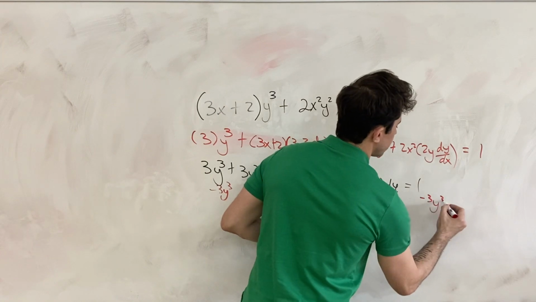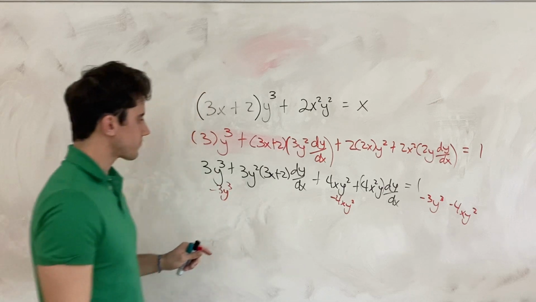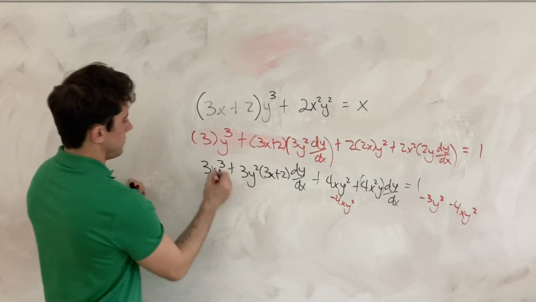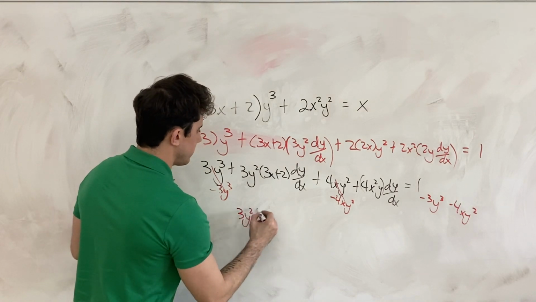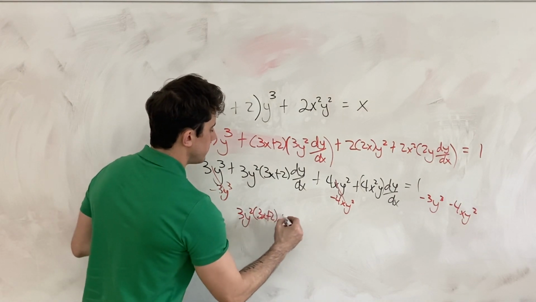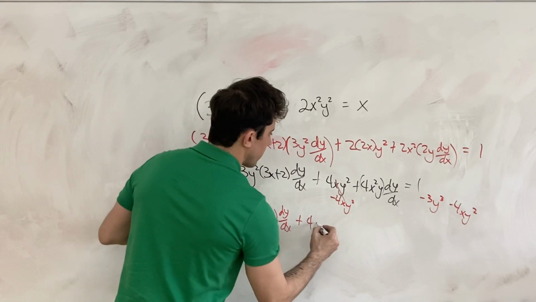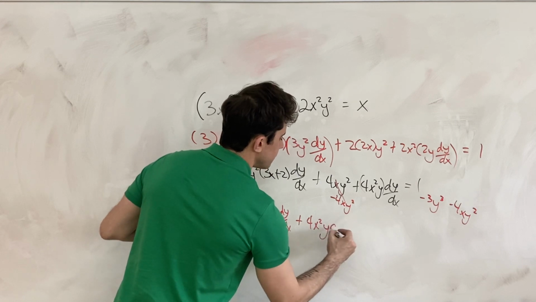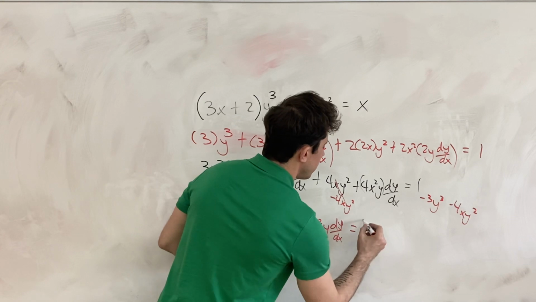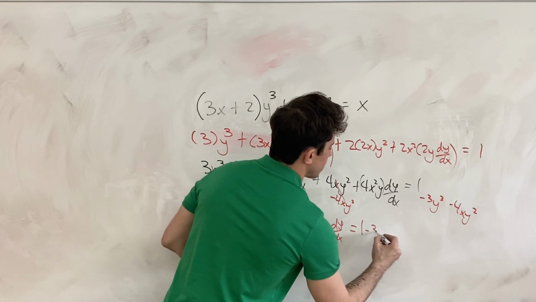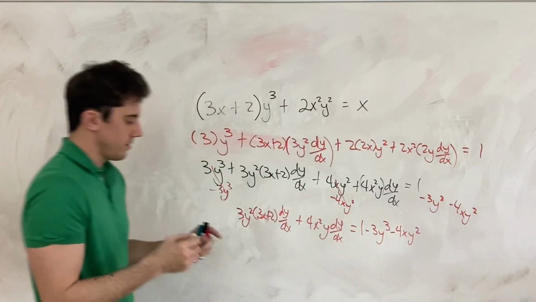Minus 3y cubed and minus 4xy squared. That goes away, that goes away. So now we have 3y squared, 3x plus 2, dy/dx, plus 4x squared y, dy/dx, being equal to 1 minus 3y cubed minus 4xy squared, okay?